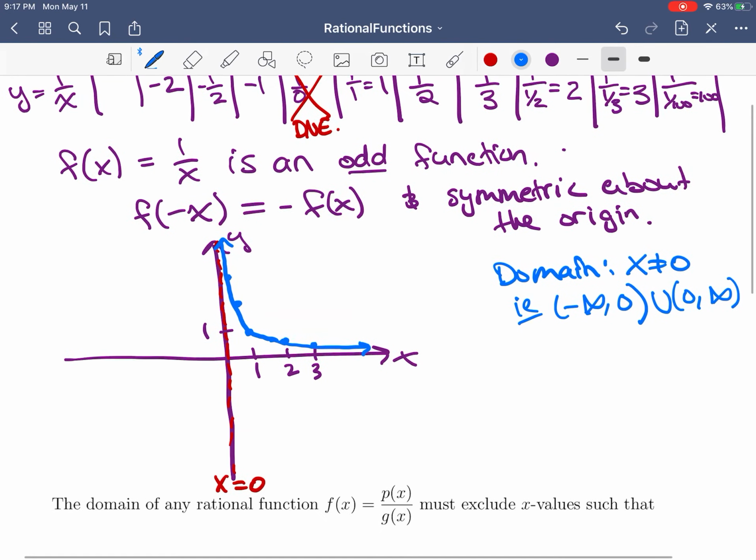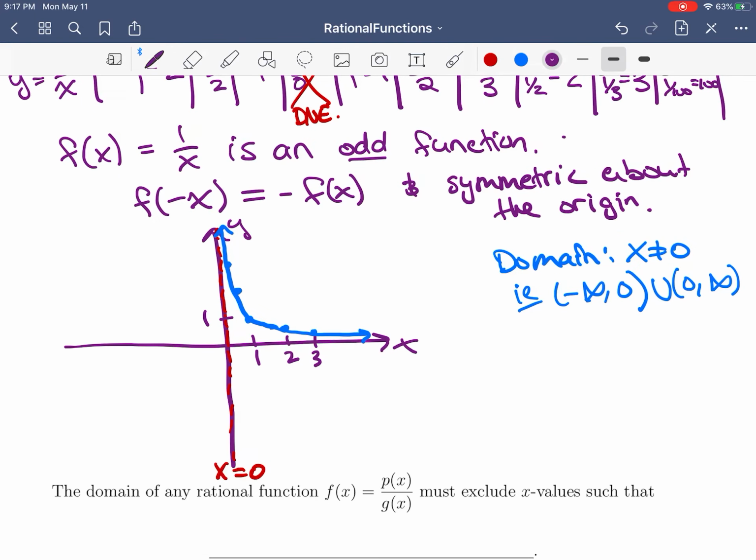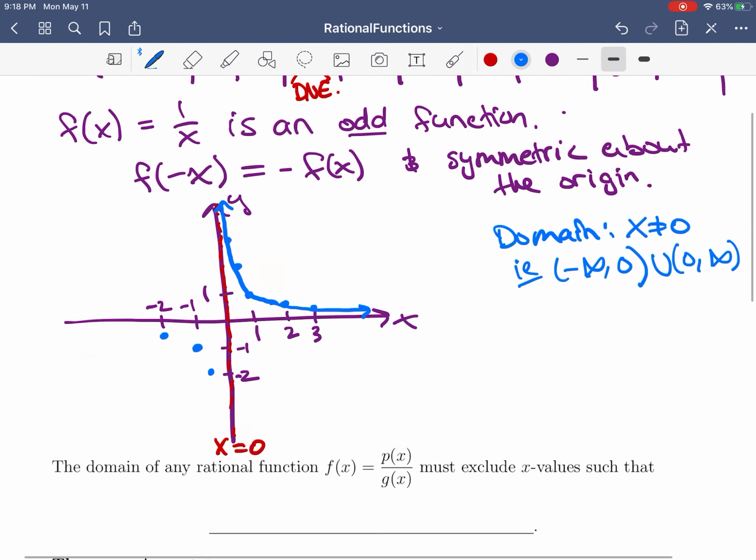Now on the negative side, here I have -1 and -2, and here's -1, -2. When I'm at -1, I'm at -1. When I'm at -2, I'm at -1/2, so closer to 0. And when I'm at -1/2, I'm at -2.